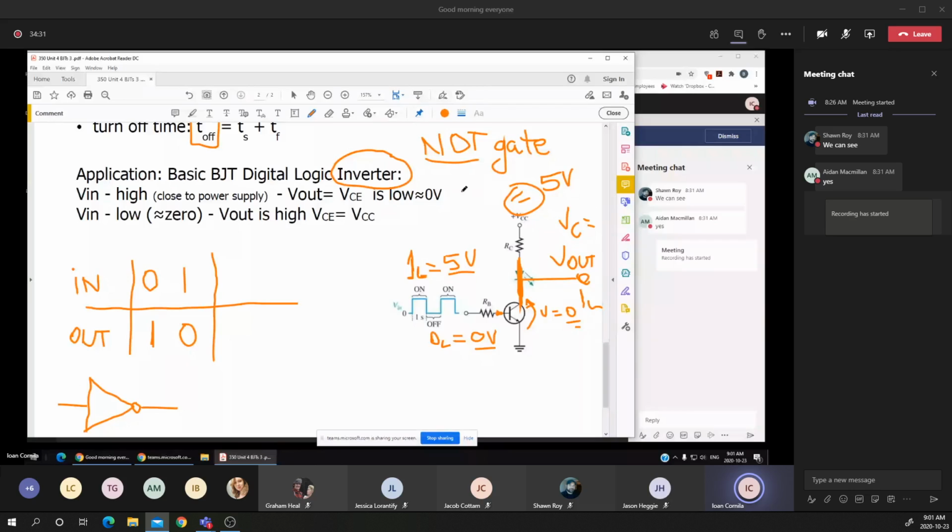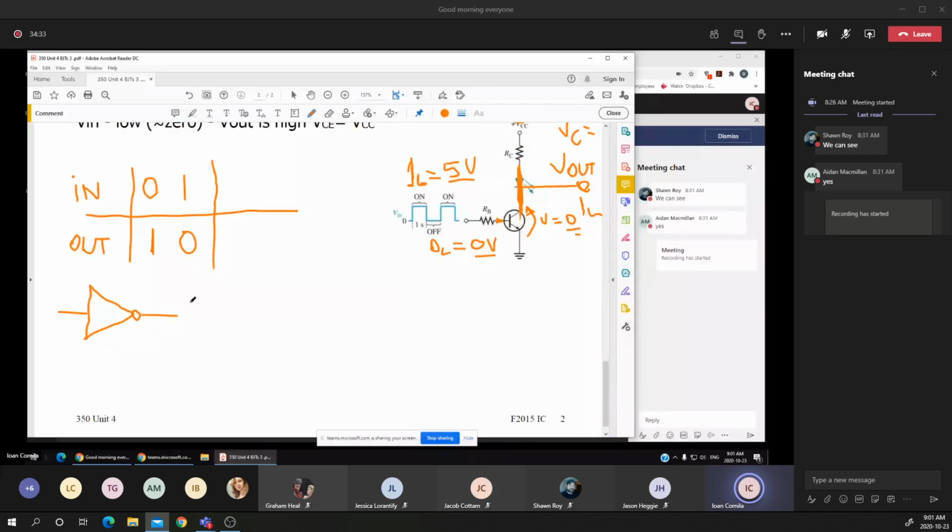But at this point, you notice that that circle is showing you that the output is 180 degrees out of phase with the input. And we can see from the digital table that the output is the opposite of the input.